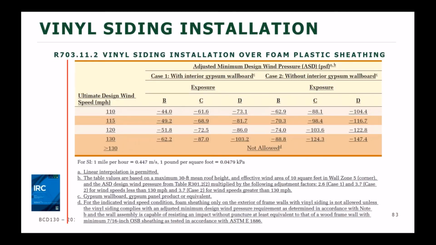This next section is new and interesting. Here we have recognition that some vinyl siding has been tested to the point where it may be attached to wood structural panel over foam plastic sheathing and not be attached to studs themselves, but just nailed into the sheathing.